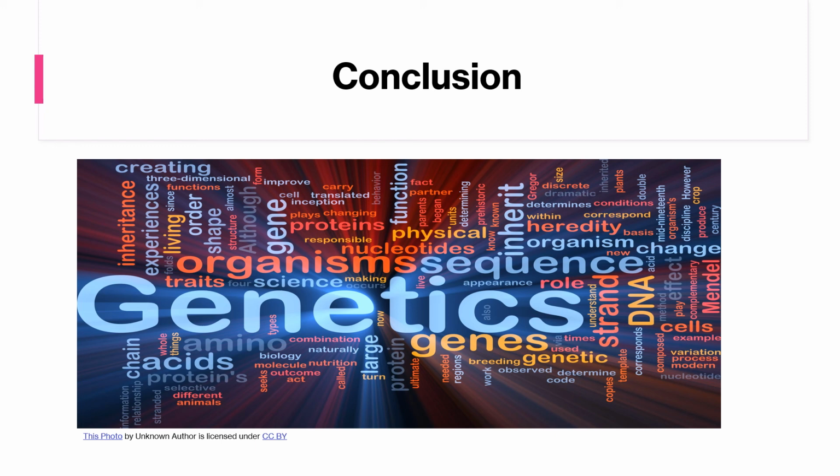The topic of genetics is very important and can play a huge role in understanding diseases. If you understand genes and how they work, then you can better understand how diseases work and why and how.